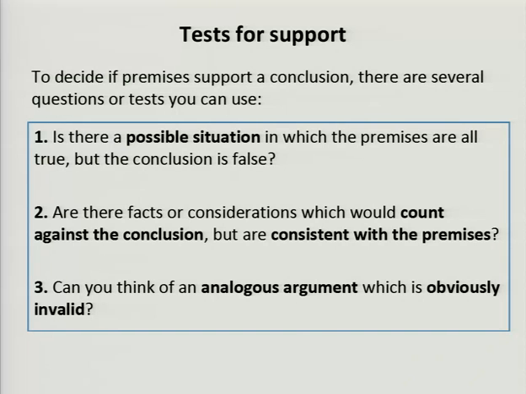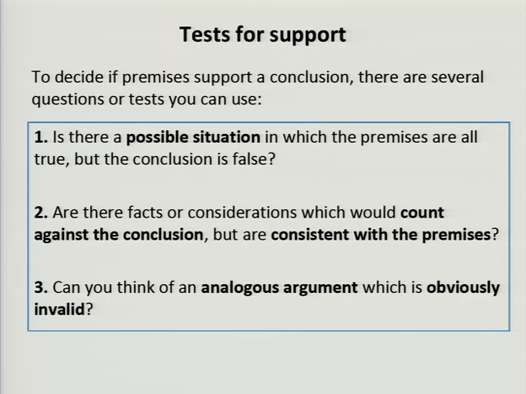Now, if that were the case, there is no way that that could be a valid argument. If it is a valid argument, then it is ruled out that true premises could lead to a false conclusion. So if you can think of any possible situation, we'll have an example of that in a second, then it's not valid. It doesn't have support.